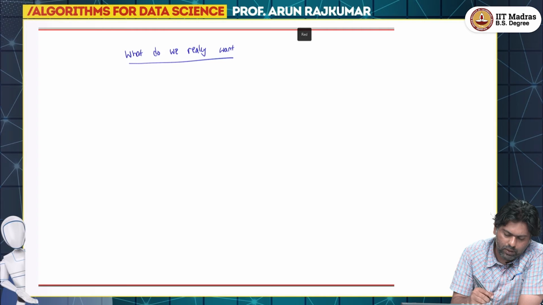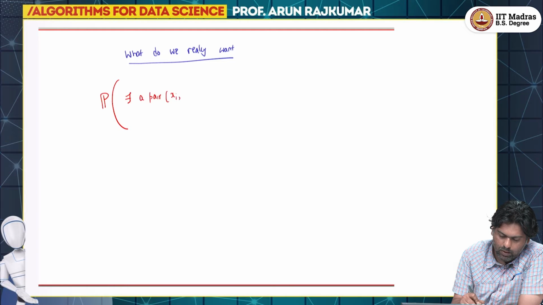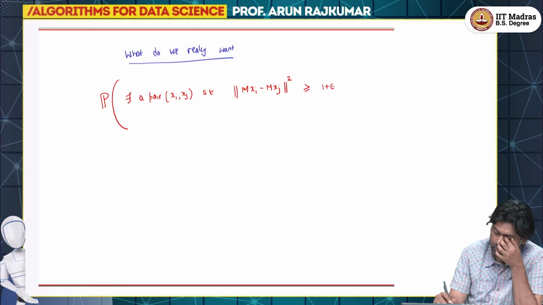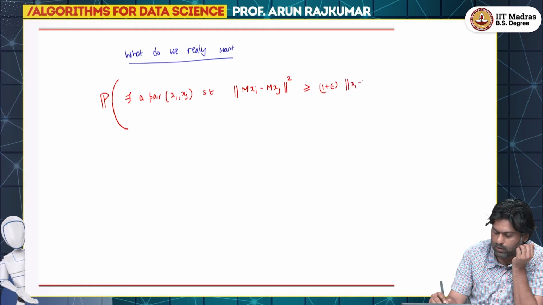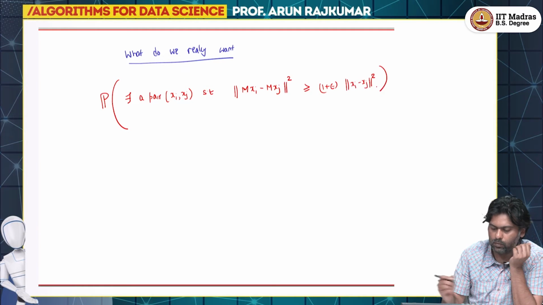So the probability that I care about is the probability that there exists a pair xi, xj such that the length squared of Mxi minus Mxj is greater than or equal to 1 plus epsilon times the length squared of xi minus xj.